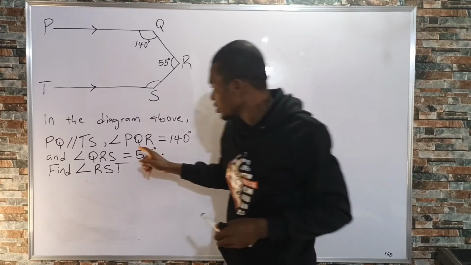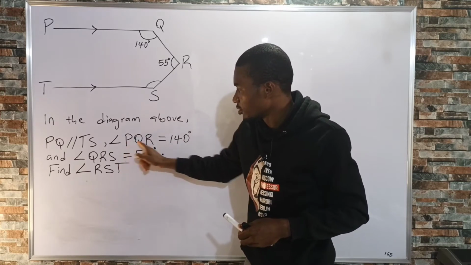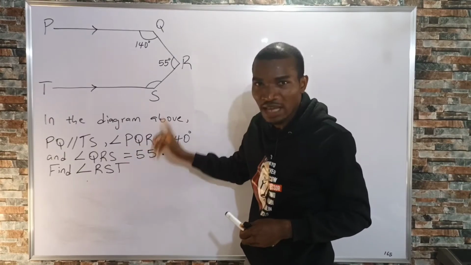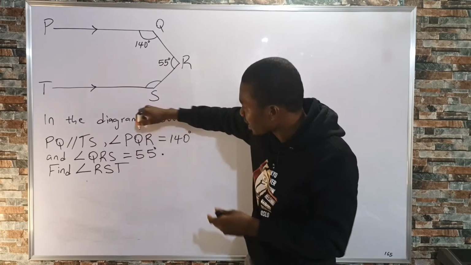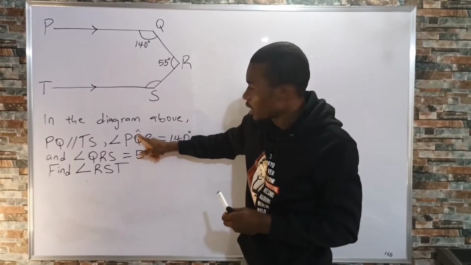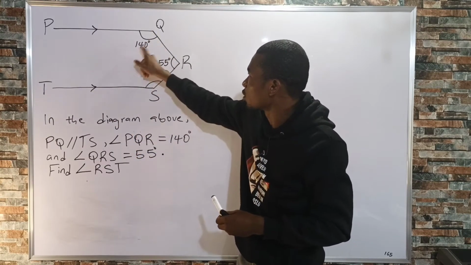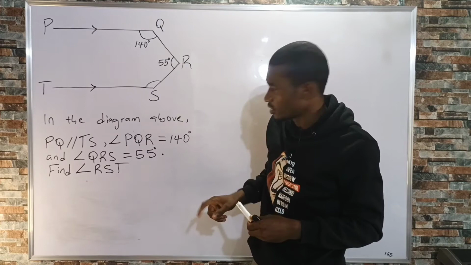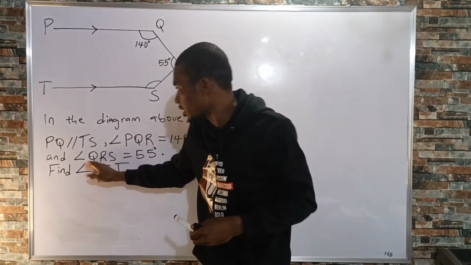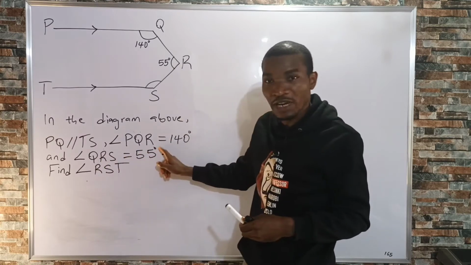Whenever you see an angle written before letters of this kind, that means we are specifically regarding the center angle, which is angle Q. That was why they labeled angle Q to be 140 degrees. The same thing is applicable here, and angle QRS is equal to 55 degrees.